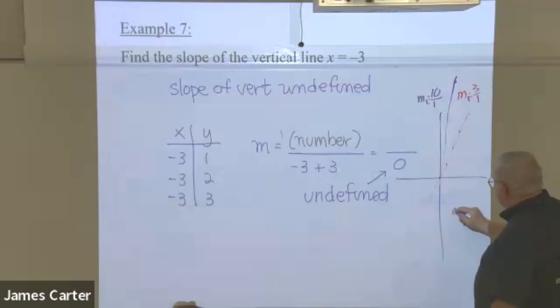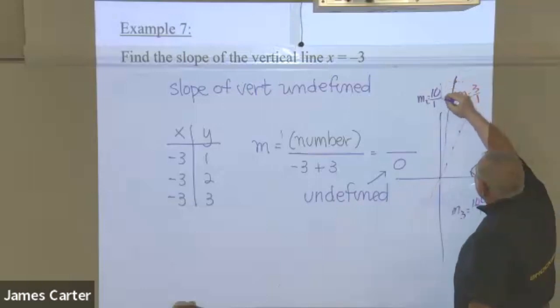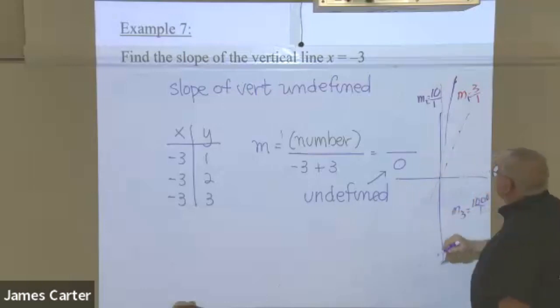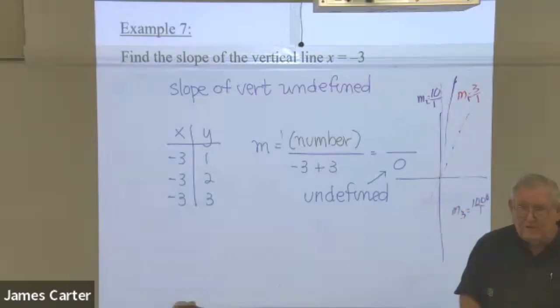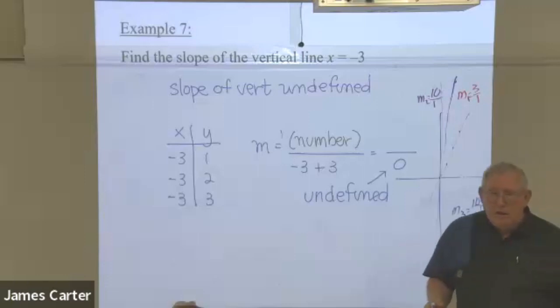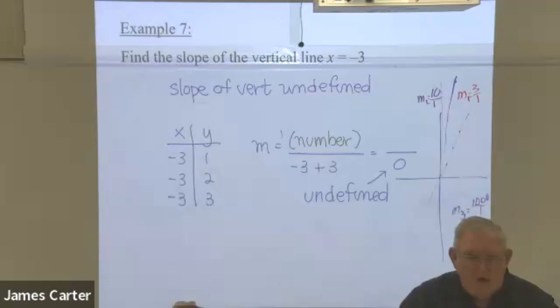Well, what if I had a slope of 1,000 over 1? It'd even be steeper yet, wouldn't it? You might hardly be able to graph it steep enough. Or what about 1,000,000 over 1? Or 1,000,000,000 over 1?